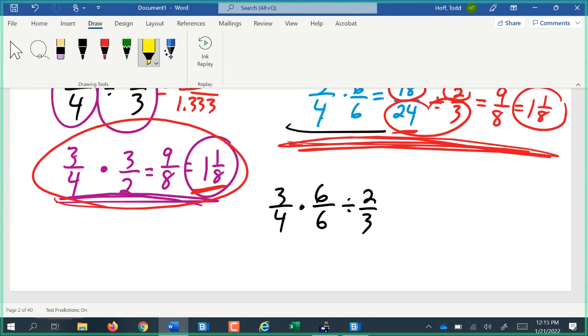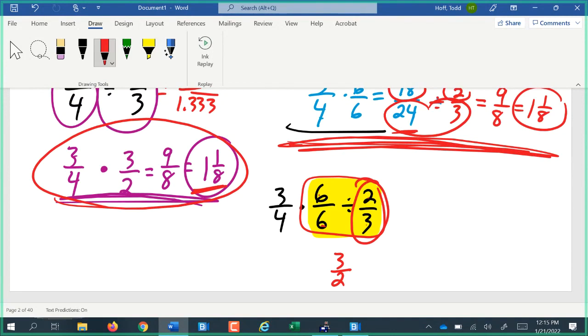And here, what they did is they said, let's take this 6/6 and let's divide by the 2/3 first. And what they noticed, 6 divided by 2 is 3. 6 divided by 3 is 2. They noticed that what they got here was always this fraction flipped over. So they just named that the reciprocal.